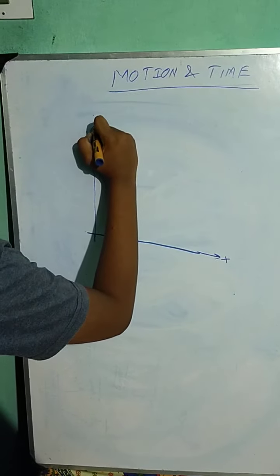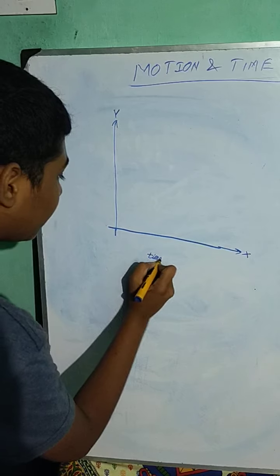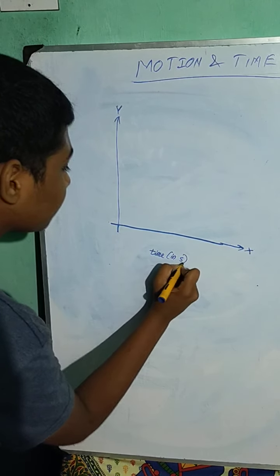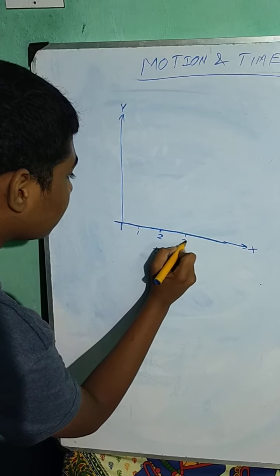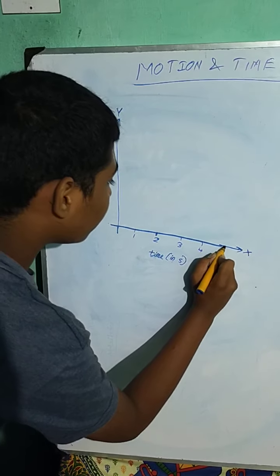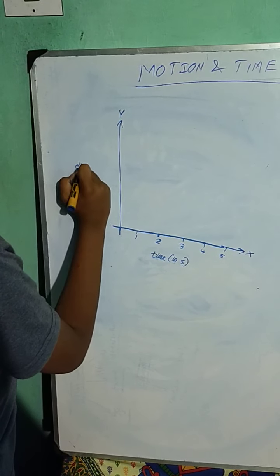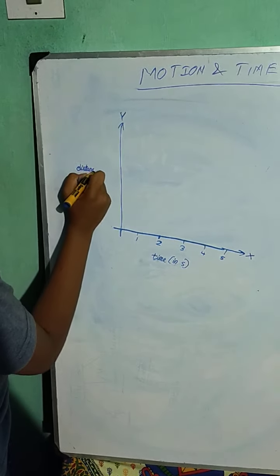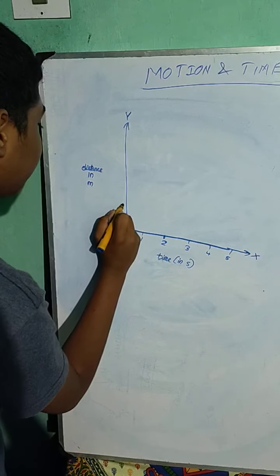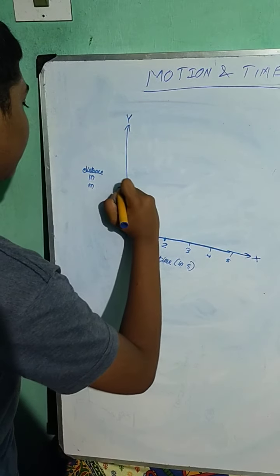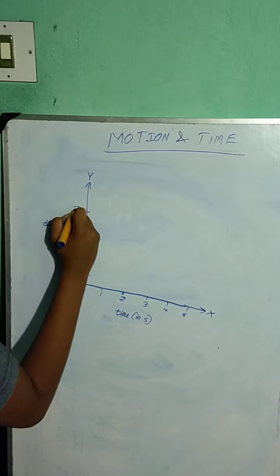X-axis and y-axis. Here I am going to write time in seconds: 1 second, 2 seconds, 3 seconds, 4 seconds and 5 seconds. Now this is distance in meters: 5 meter, 10 meter, 15 meter, 20 meter, and 25 meter.